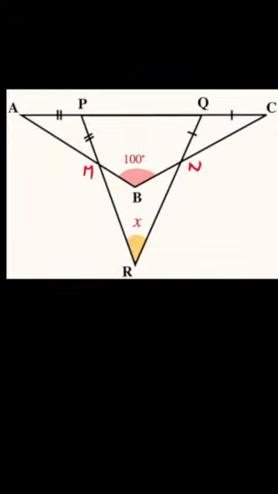Guys, anyone with the correct answer? Yes, X is QRP. So Rohit said 360 minus 100, 260 minus 80 is equal to 180.